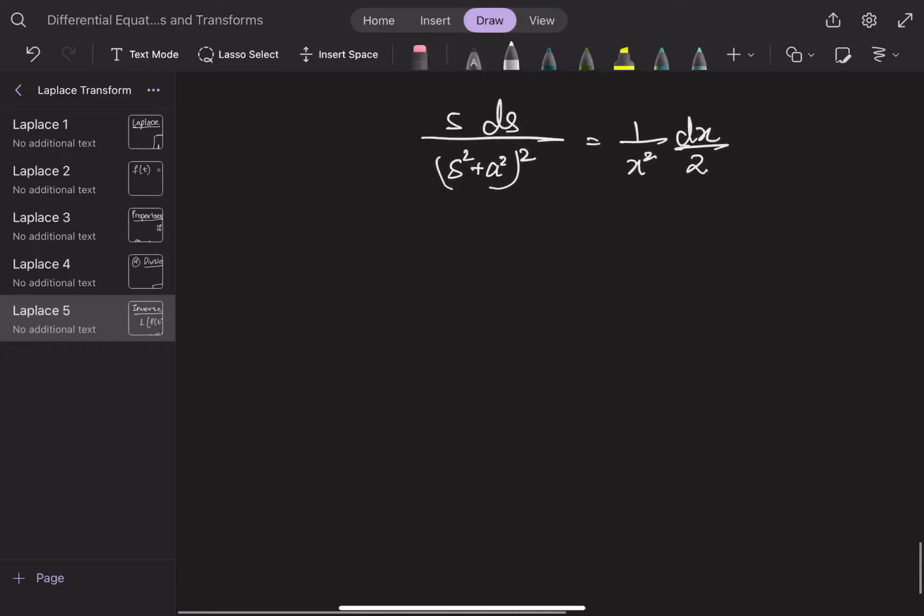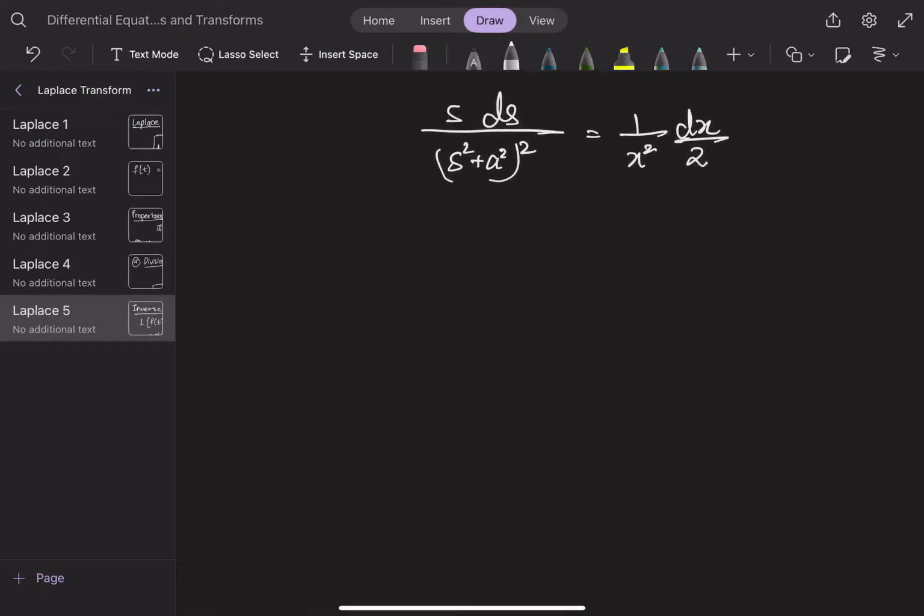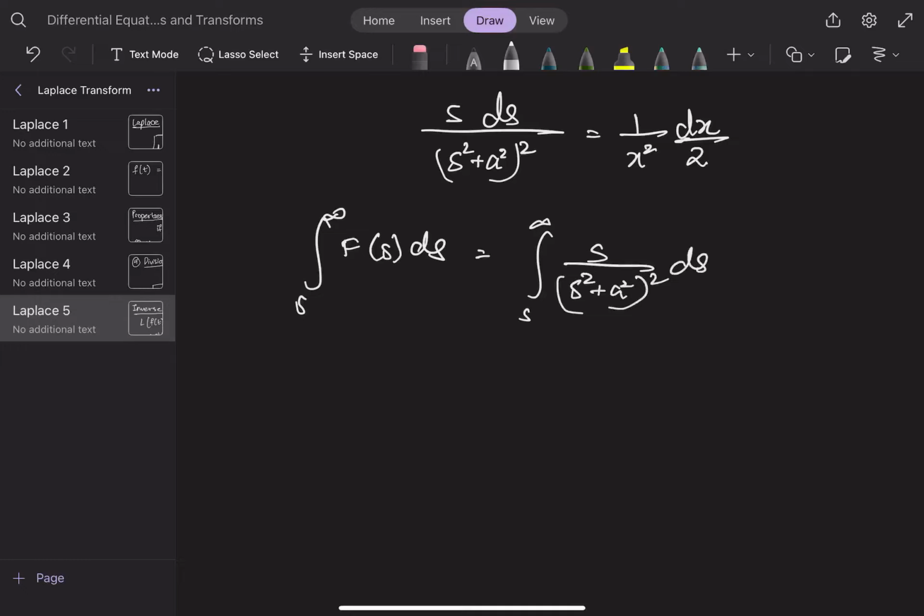Now let's continue. Integral s to infinity F(s) ds is integral s to infinity s upon (s square plus a square) whole square ds. Now when I replace this with this, you're gonna get 1 by x square dx by 2. Let's ignore the limits for now.